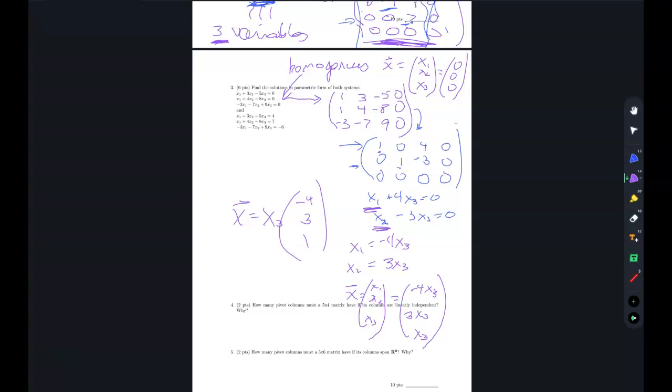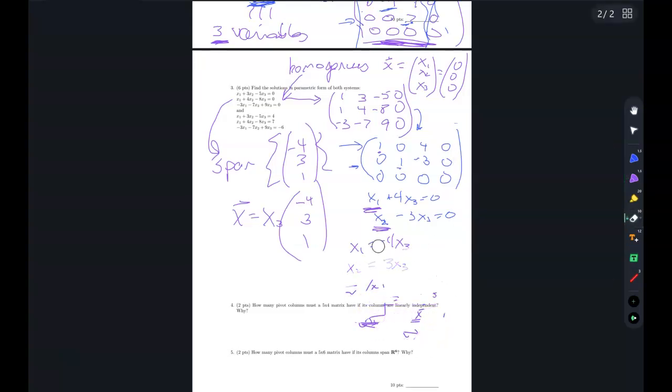So solutions for the homogeneous would be the span of this vector, negative 4, 3, 1. Okay, that's the homogeneous. So now we're expecting the non-homogeneous to be a point plus that vector. Okay, so I got to erase this to make room, but you've already seen it.